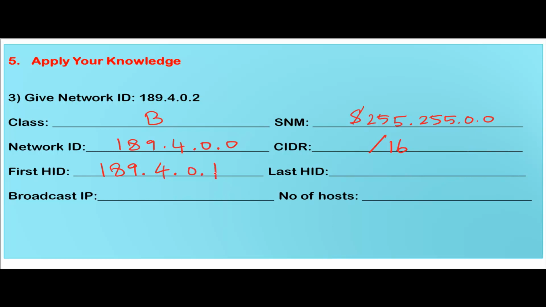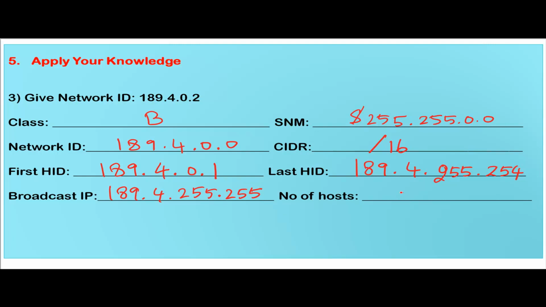The last host ID is 189.4.255.254. Then the broadcast IP address is 189.4.255.255. This is going to be your broadcast IP address.